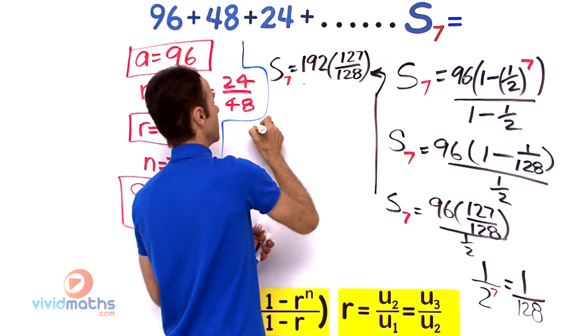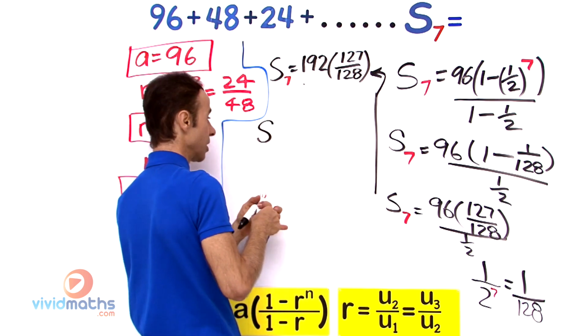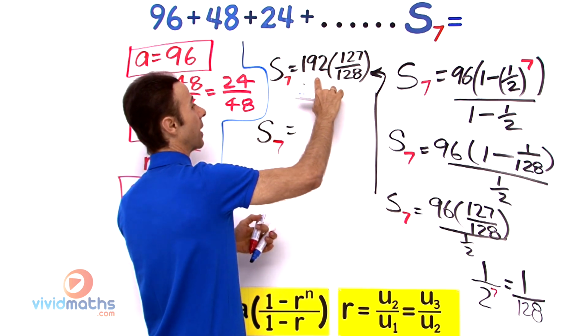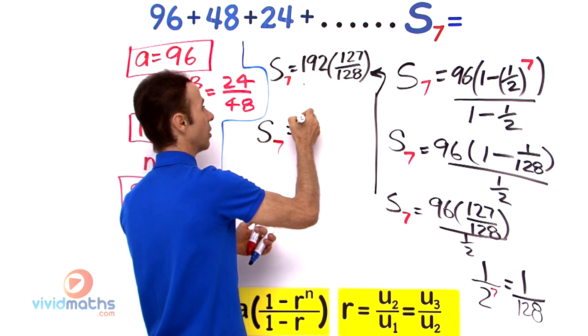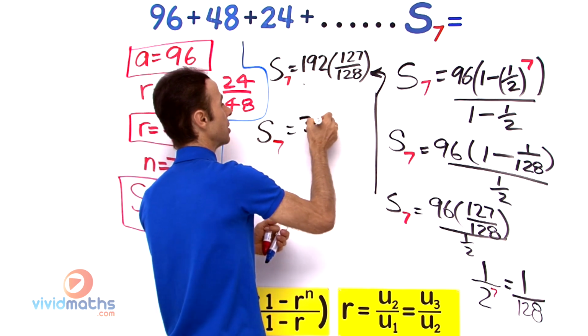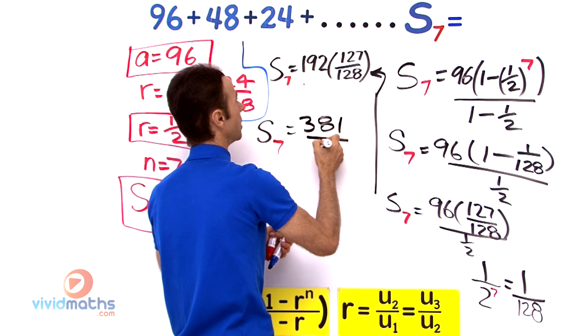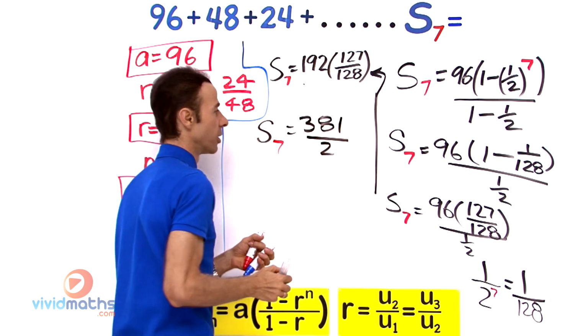Let's simplify. So the sum to 7 terms equals, multiplying that by that will give us a value of 381 all over 2 on your calculator.